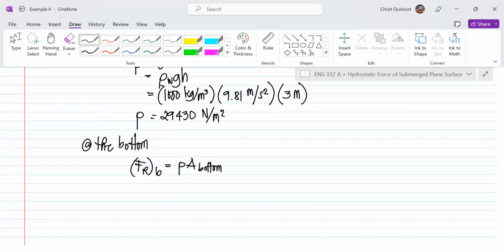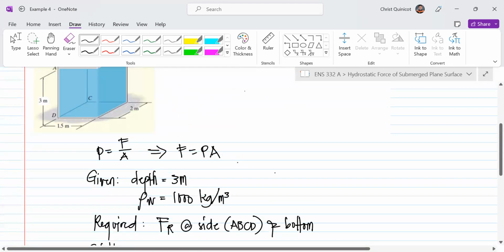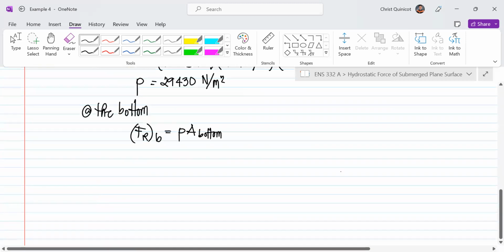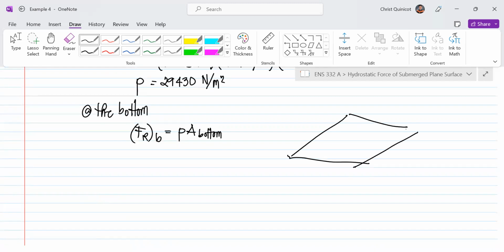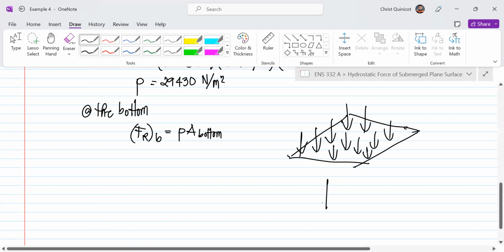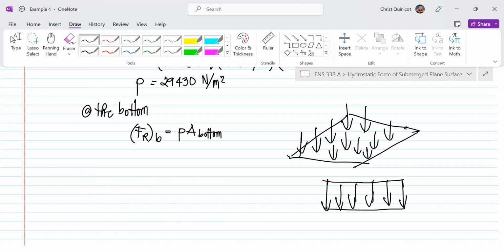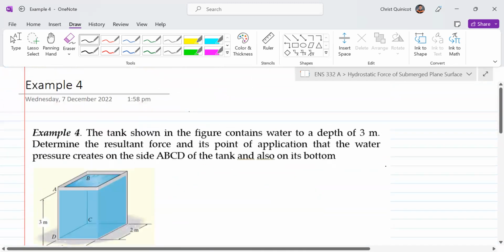For the pressure distribution at the very bottom, say this is our bottom part of the tank, pressure is evenly distributed. So if we look at it sideways, it creates a rectangle. So therefore, the area that we will be using is base times height, or the area of our rectangle.